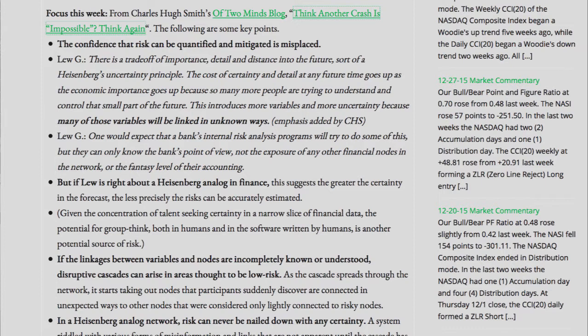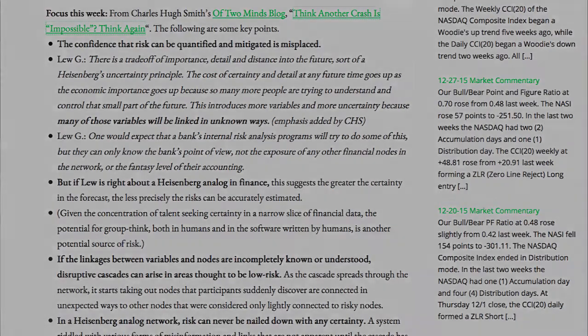If the linkages between variables and nodes are incompletely known or understood, disruptive cascades can arise in areas thought to be low risk. As the cascade spreads through the network, it starts taking out nodes that participants suddenly discover are connected in unexpected ways to other nodes that were considered only lightly connected to risky nodes.